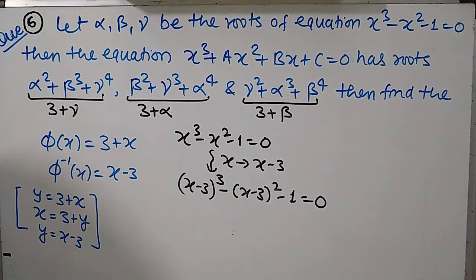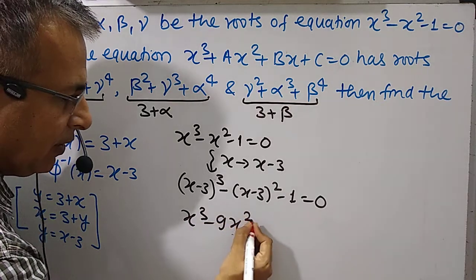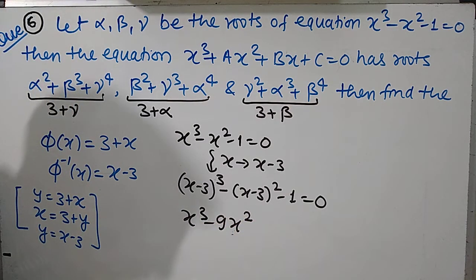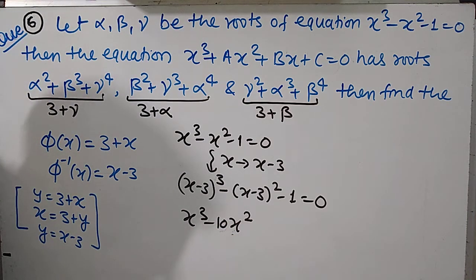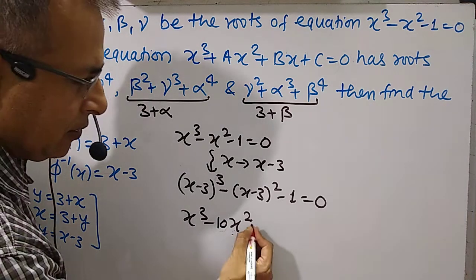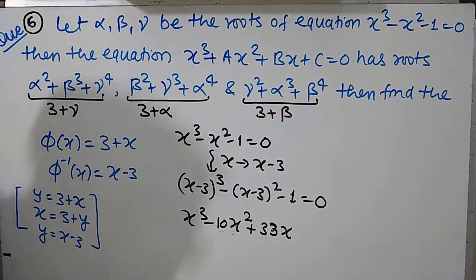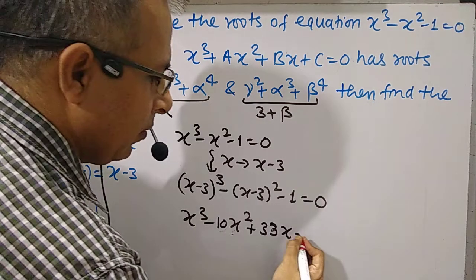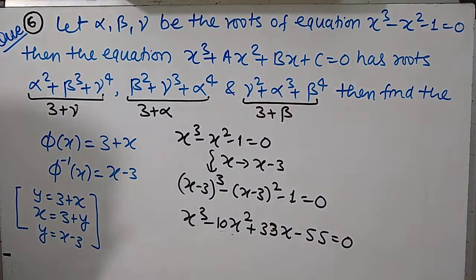If we simplify this equation, we get x cube minus 10x square plus 33x minus 55 equal to 0.